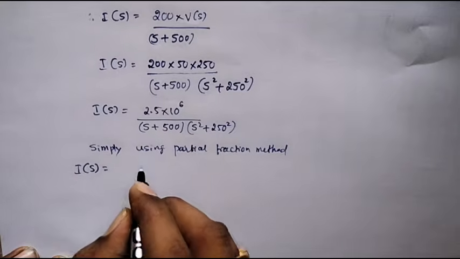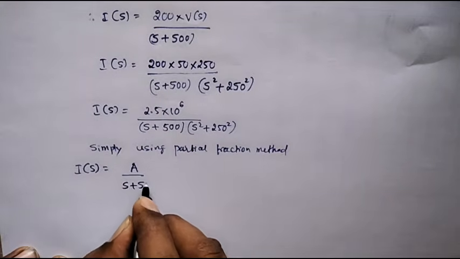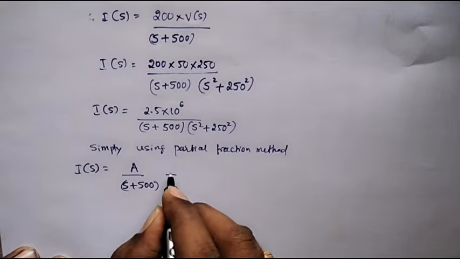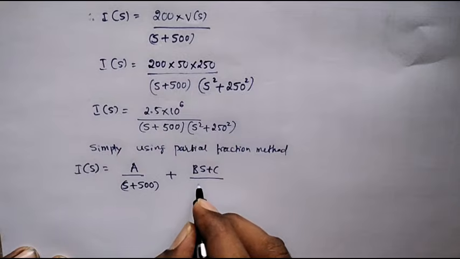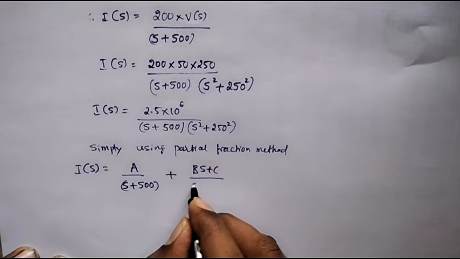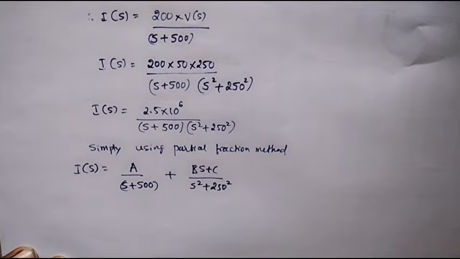I(s) is equal to constant A divided by s plus 500 plus Bs plus C divided by s square plus 250 square.